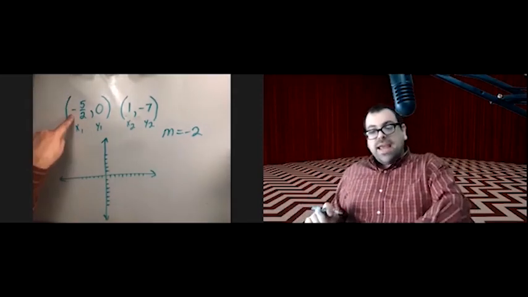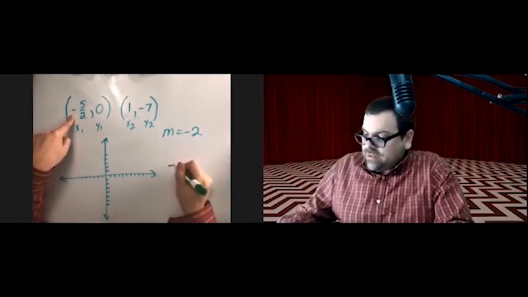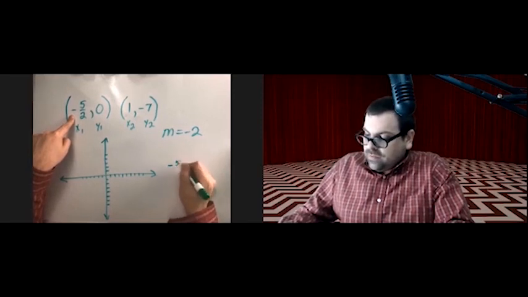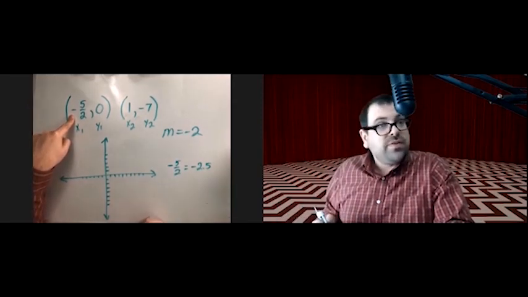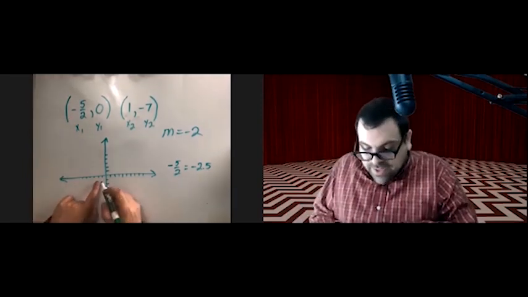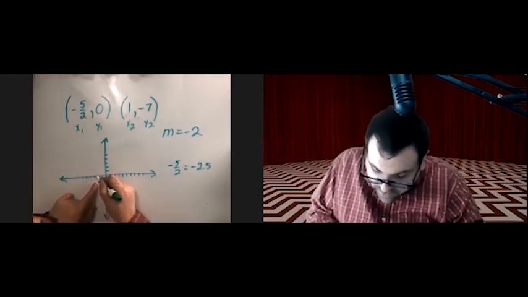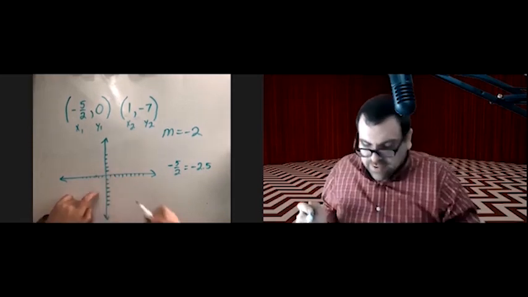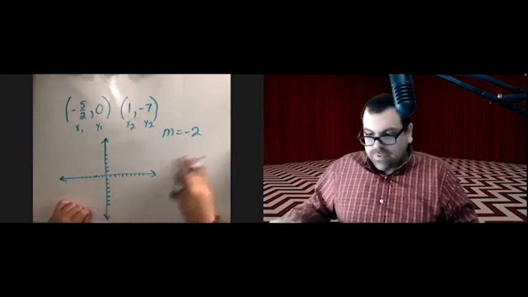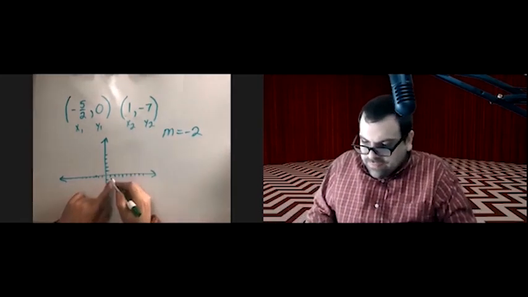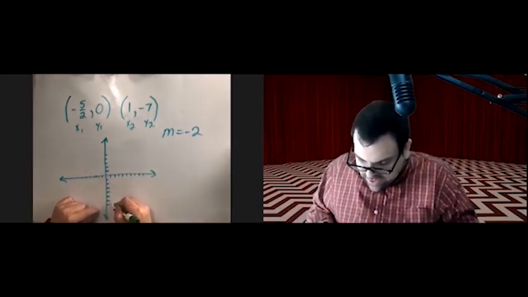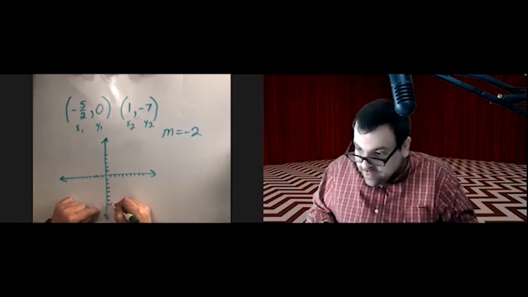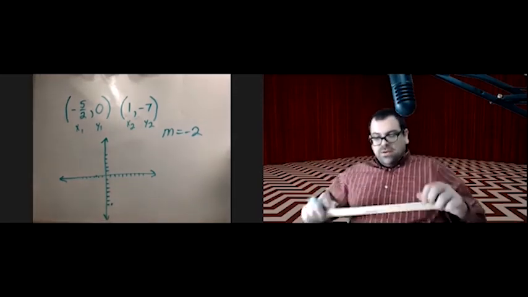If we plotted -5 halves, which by the way is -2.5, so an x of -2.5 and a y of 0 would be right there. An x of 1 and a y of -7 would be there.